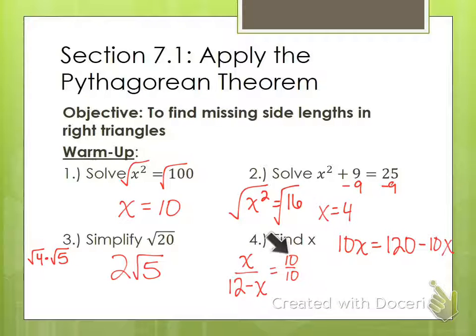So we'd have to remember to distribute this 10 to the 12 and the minus x. Add 10x to both sides. We have 20x equals 120, which means x would equal 6. That's a review from last chapter with our similar triangles.